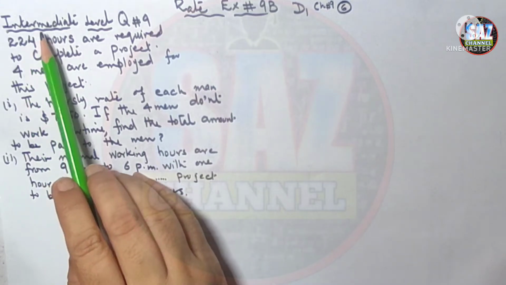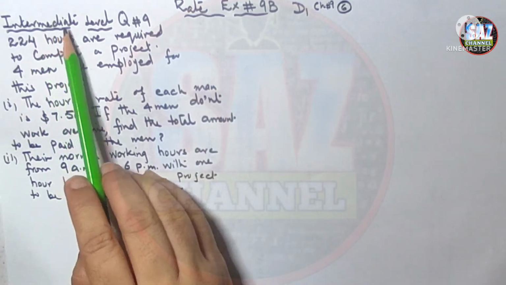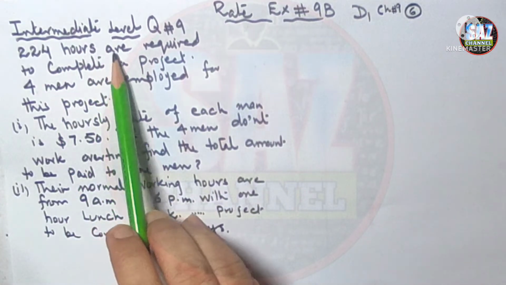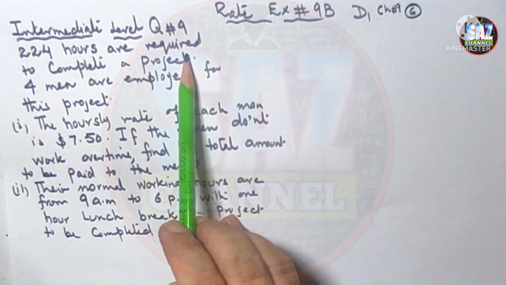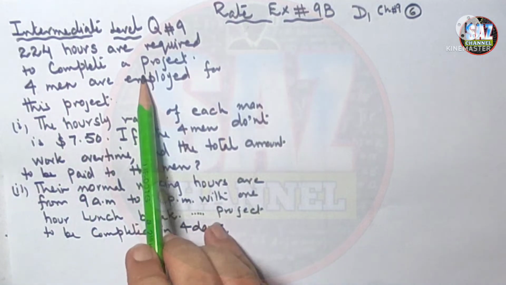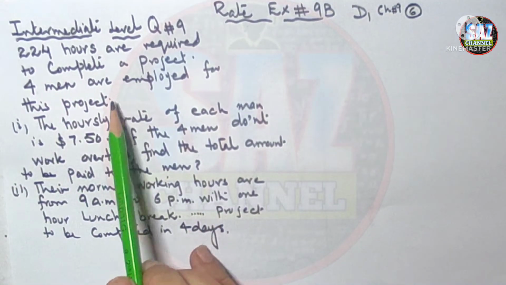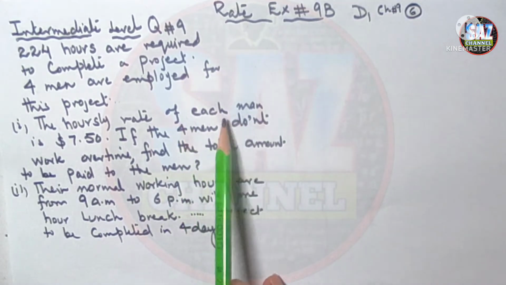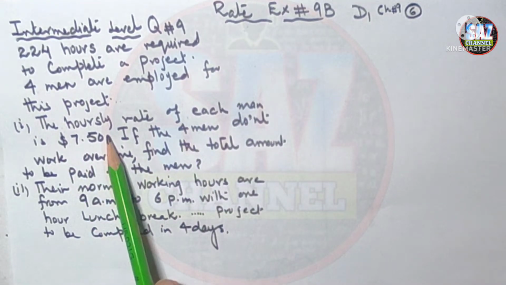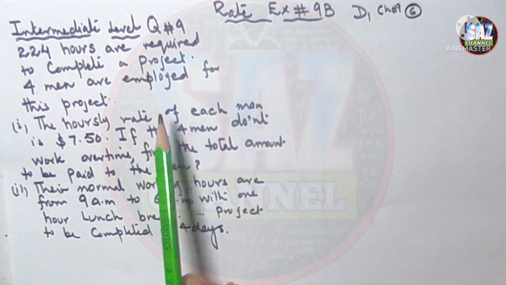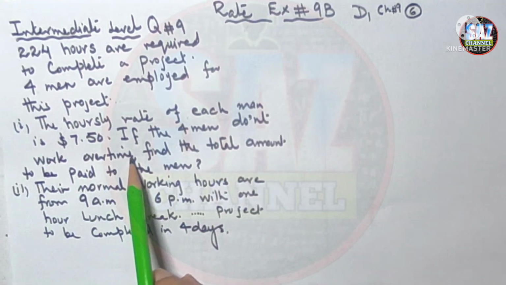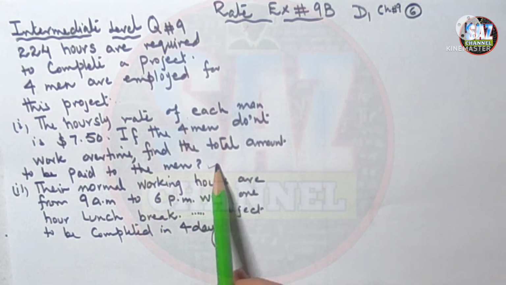Let's move to today's class, and let me read the question first. Question 9 says 224 hours are required to complete the project and 4 men are employed for that project. The hourly rate of each man is $7.50. If the 4 men do not work overtime, find the total amount to be paid to the men.